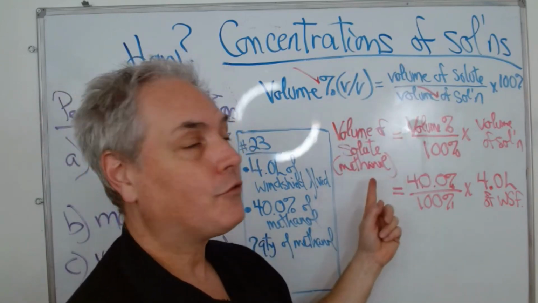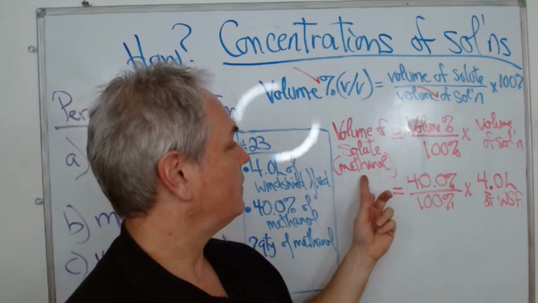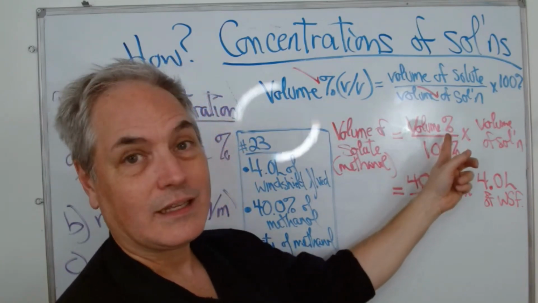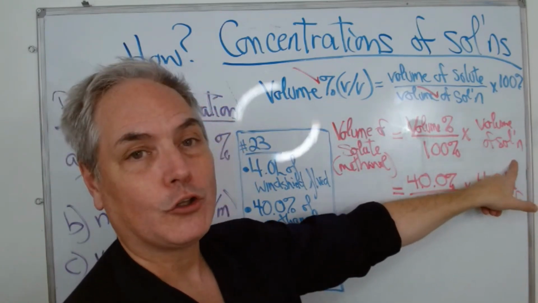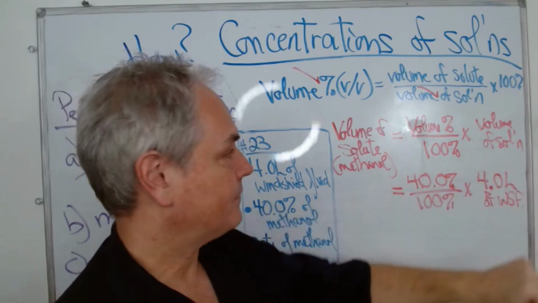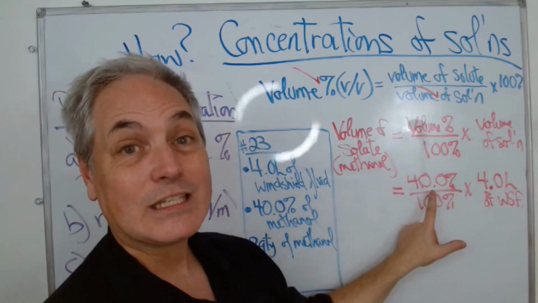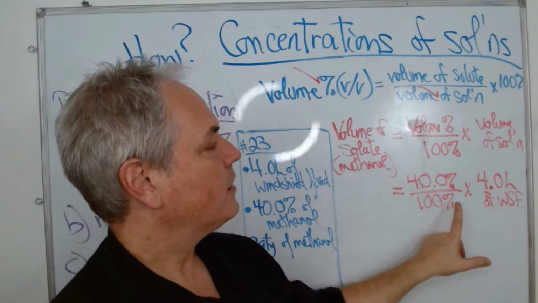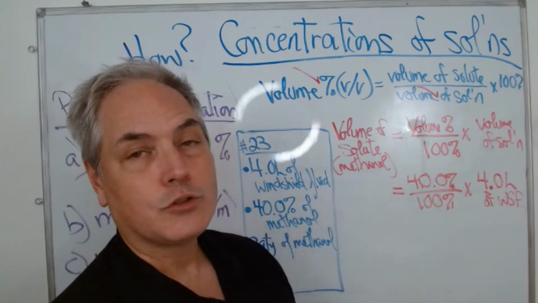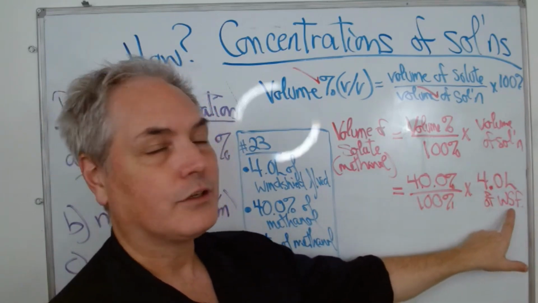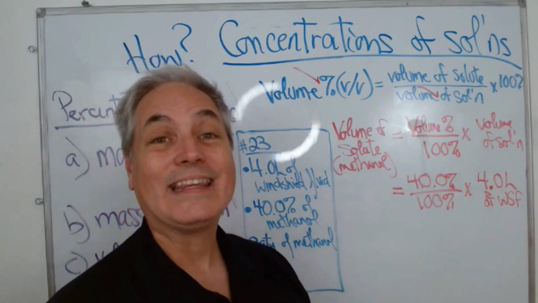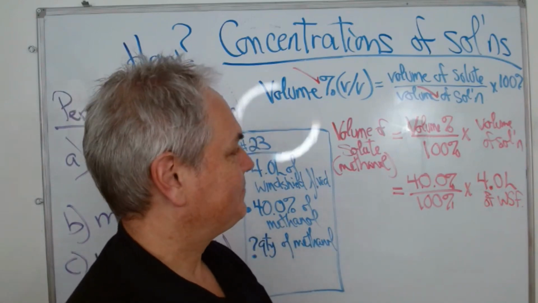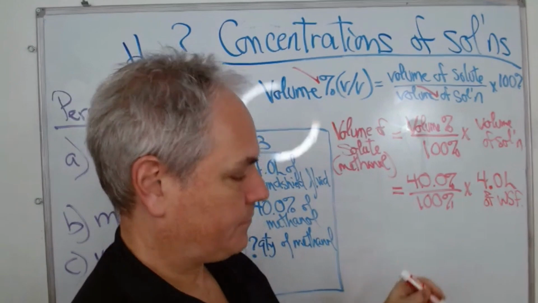So we have the volume of methanol equals the volume percent over 100 times the volume of solution we have. We know that the volume percent is 40%. We also know that the volume of the solution is 4 liters of windshield fluid, and that's what we want to create at the end. So let's see if we can do the calculation.